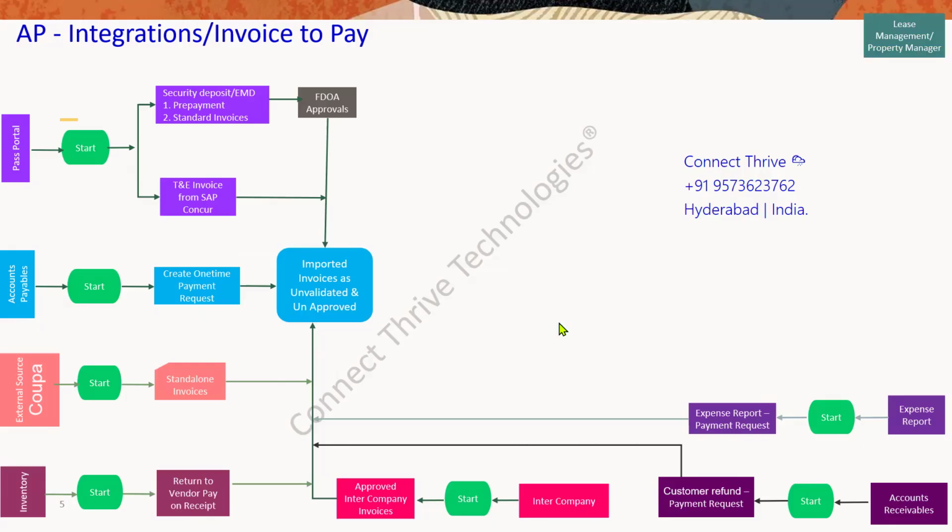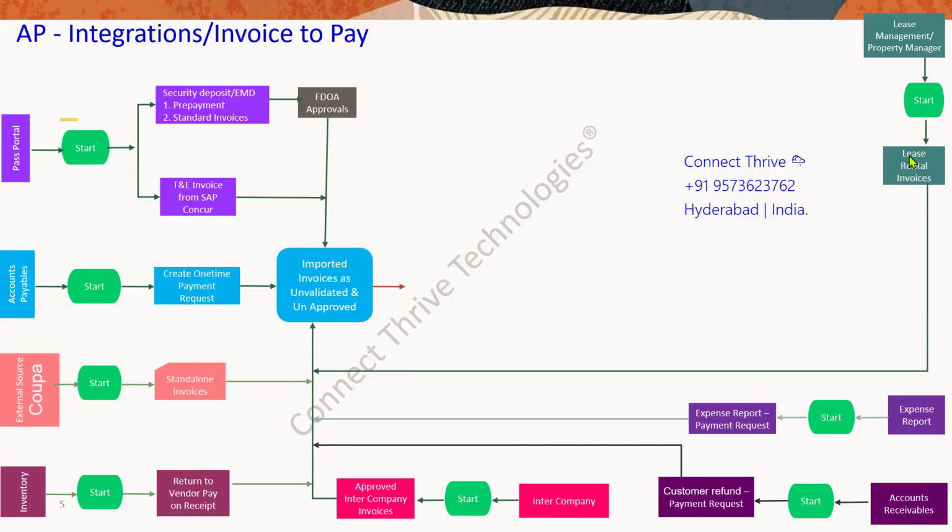Then we have lease accounting or property manager. From lease accounting, property manager, we get monthly lease rental invoices to AP. The best example is Airtel. Here we take land as the property.